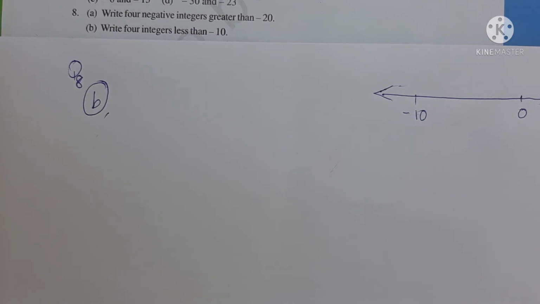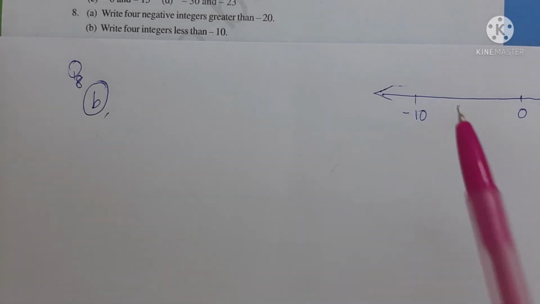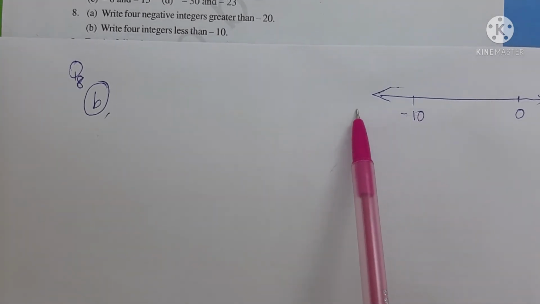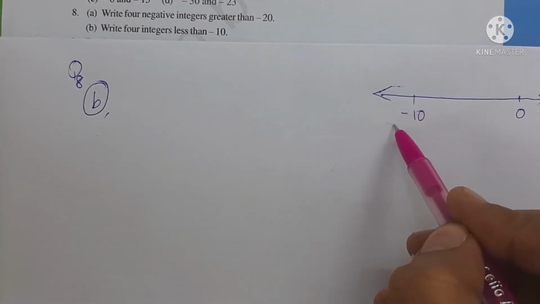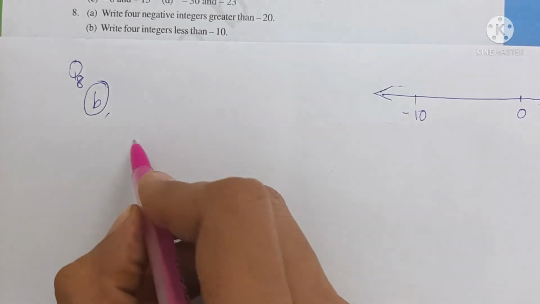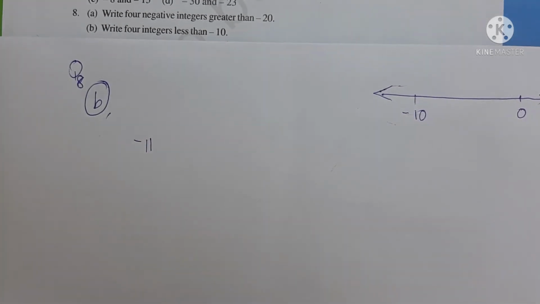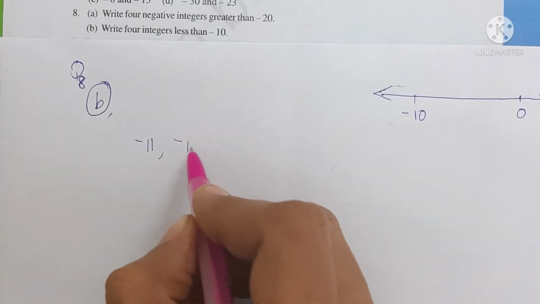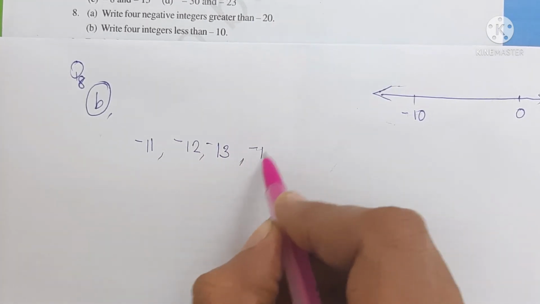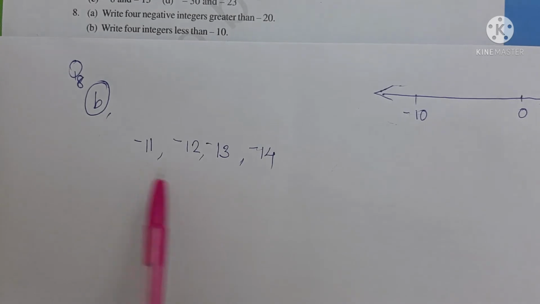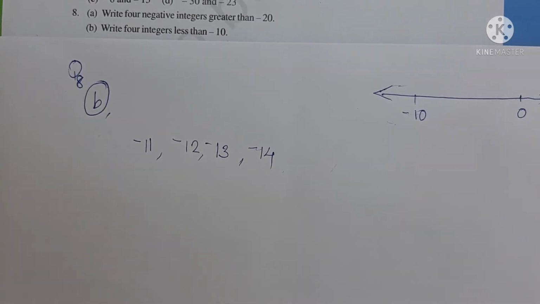First you can move left from minus 10. The first integer on the left side of minus 10 is minus 11. Next is minus 12, minus 13, minus 14. These are one set of integers lesser than minus 10.